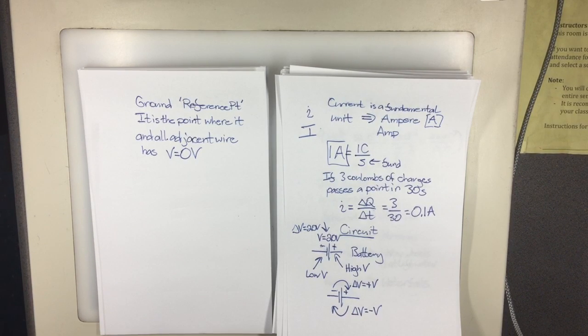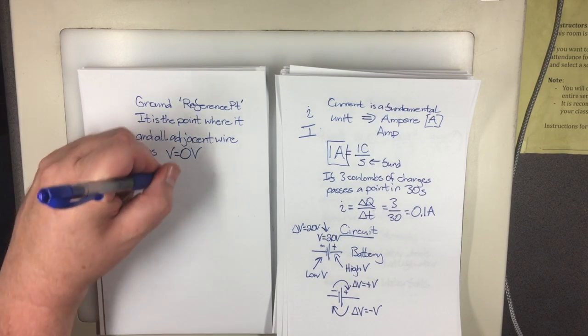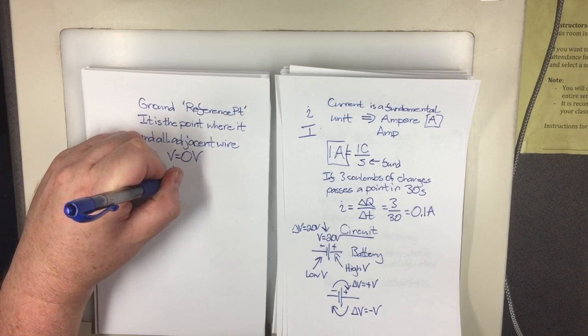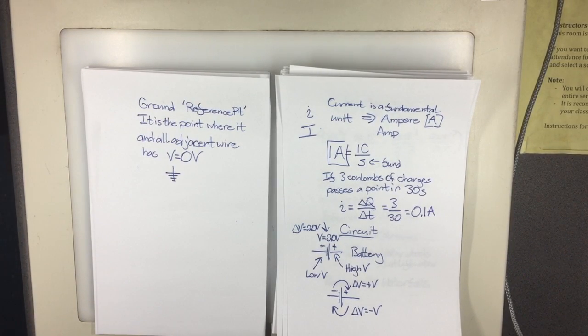So there has to be a reference. To make things easier, you need a reference point in your circuit. These reference points look like that. It's a vertical line with a bunch of horizontal lines that just get more narrow or shorter the further down they go.